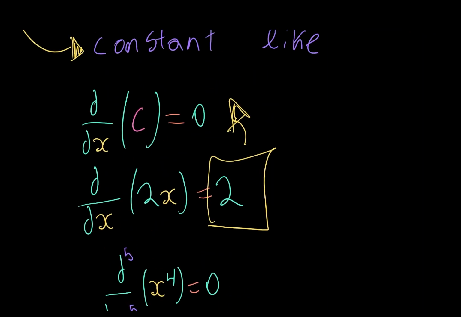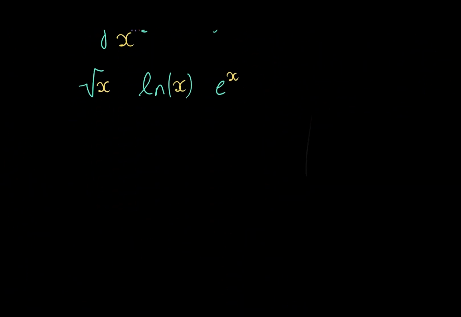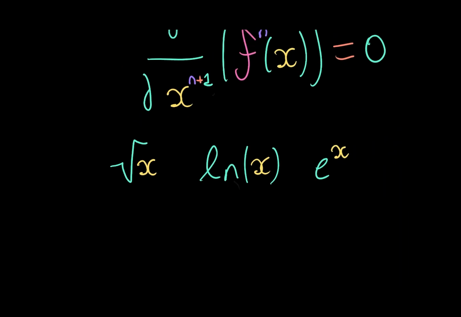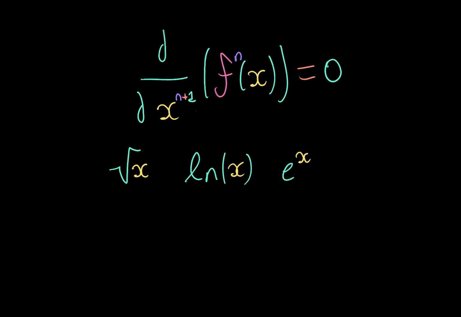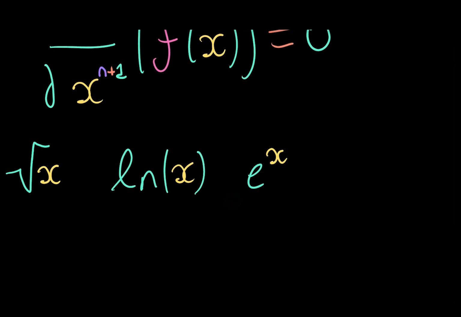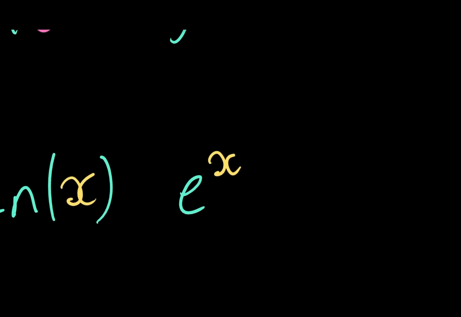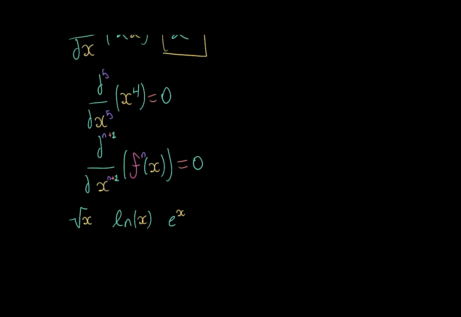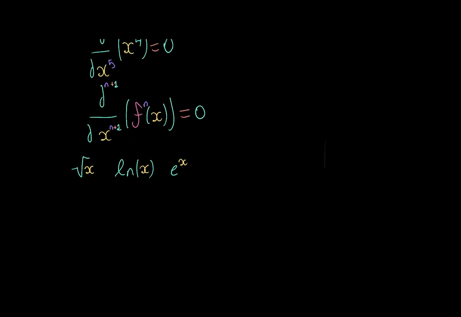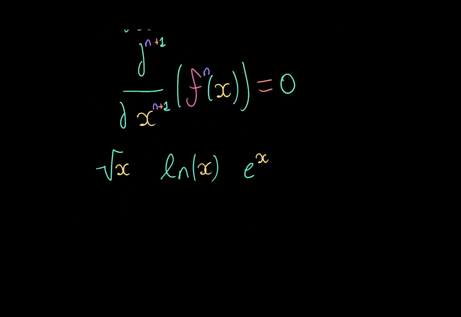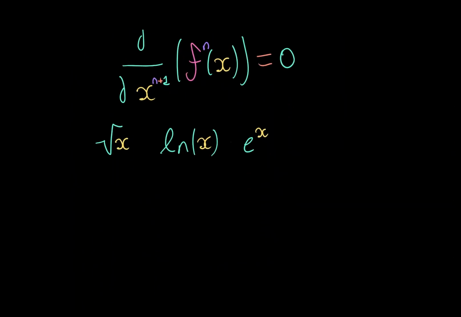These all break the polynomial rule in one way or another. This has a fractional exponent, right? That's x to the power of 1 over 2. That does not respect whole numbers. Natural logs are a whole other dimension of inverse functions. And with exponentials, the exponent is a variable instead of being just a whole number. So that's why these are not polynomials.